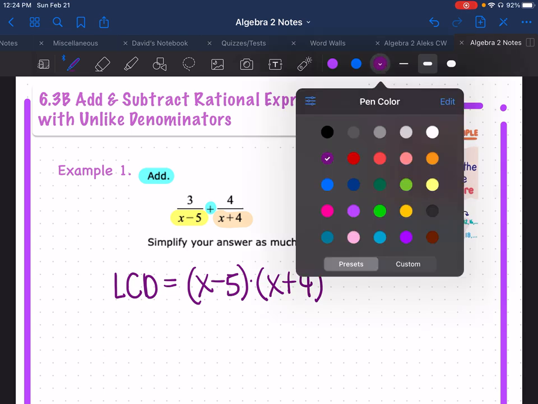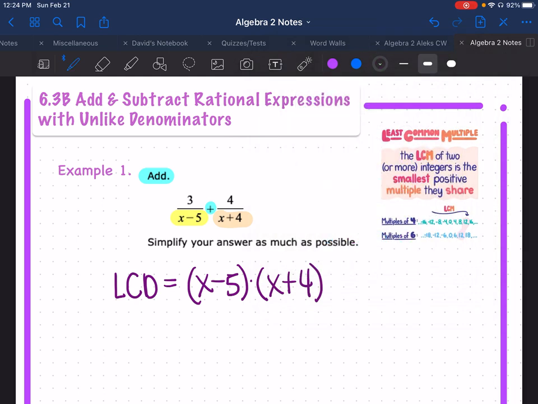All right, let's start seeing what we need to multiply. In something like this, it's actually pretty easy. You look at what you have and you cross it out, and we're going to multiply it by that one. And if you take a look, this is exactly the other denominator.